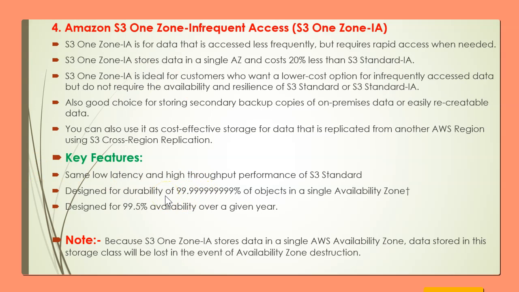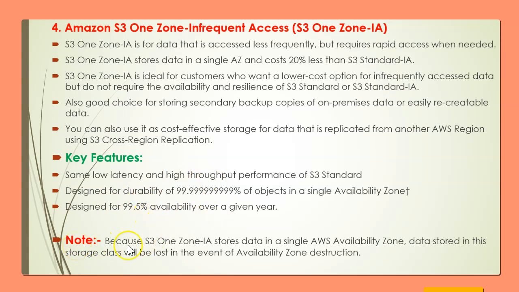Durability is again 11 nines, but its designed availability is 99.5% over a given year. It has the same low latency and high throughput as S3 Standard, but the difference is that it gives you slightly lower availability in a year, 99.5%.